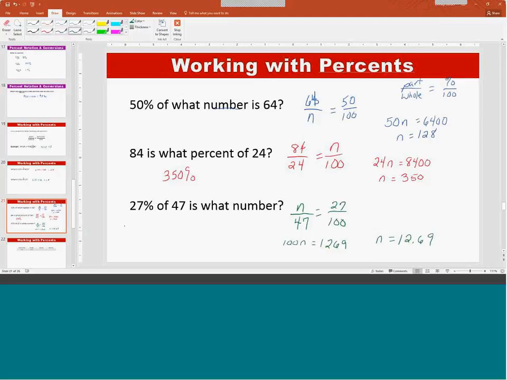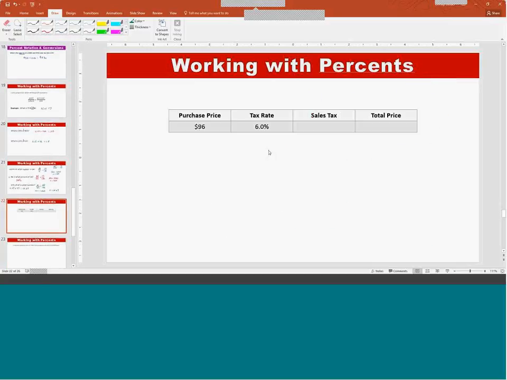Or I just know that 27%, or 0.27, times 47 in the calculator is going to give me 12.69. You may want to set it up as a proportion, because the multiplication method is the more straightforward one. These problems probably require more of your proportion to understand what you're solving for. Let's move ahead to what this looks like in working with percents further.